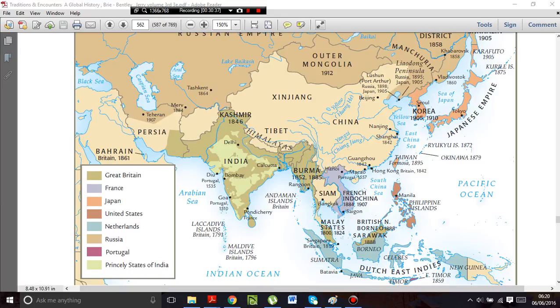In 1824, the port of Singapore down here was founded, which soon became the busiest centre of trade in the area.